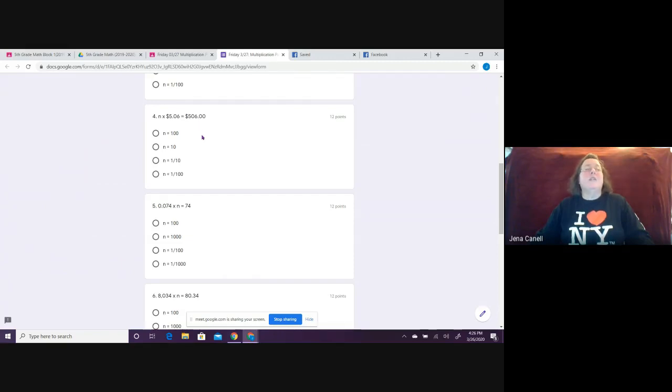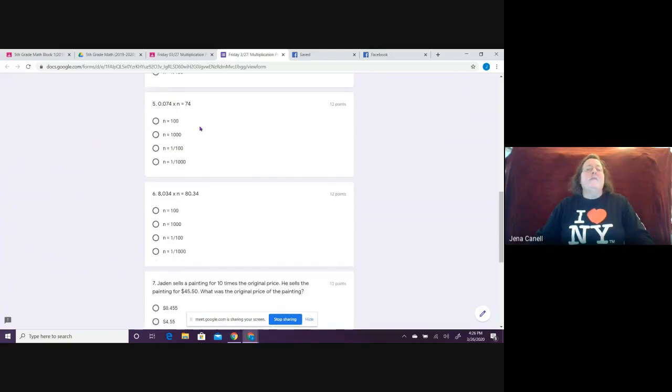Again, refer back to the stream from the March 25th entry if you don't remember how to do that. We have n equals 100, n equals 10, n equals 1/10, n equals 1/100th. If our product is larger than our factor being multiplied, it means that we've multiplied by a whole number.